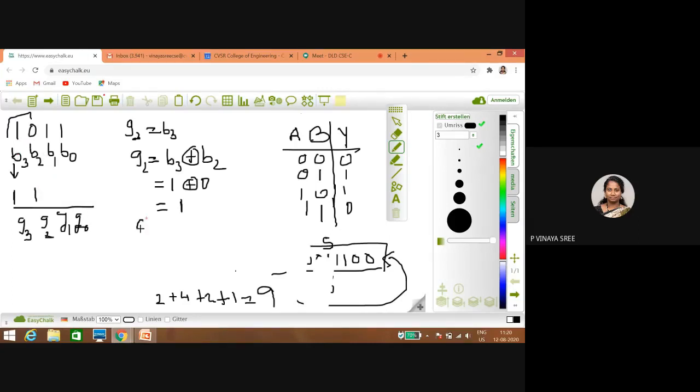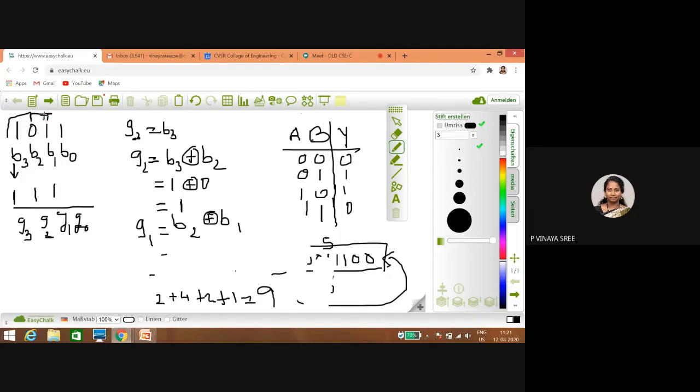Next, G1. G1 equals, tell me, B2 XOR B1. These two we have to consider now. B2 XOR B1 is 0 XOR 1, which gives 1.